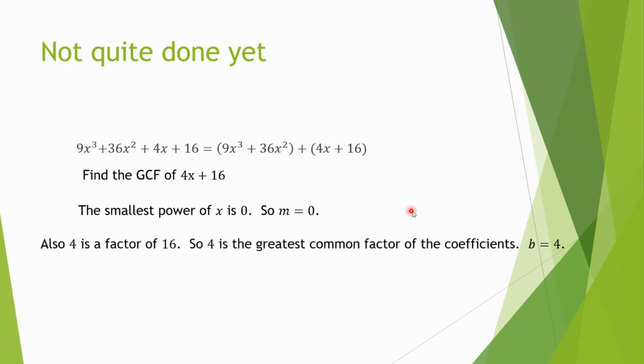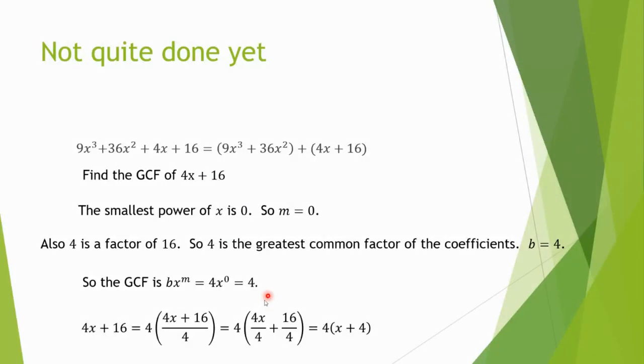So we take b to be 4. Hence, the GCF of this thing is going to be 4 times x to the 0, which is 4. Although, again, x to the 0 being 1 is not really precise, but for now it's okay. So we have the GCF. What do we do? Factor it out. And that's what this does. Okay, so that's what we get.